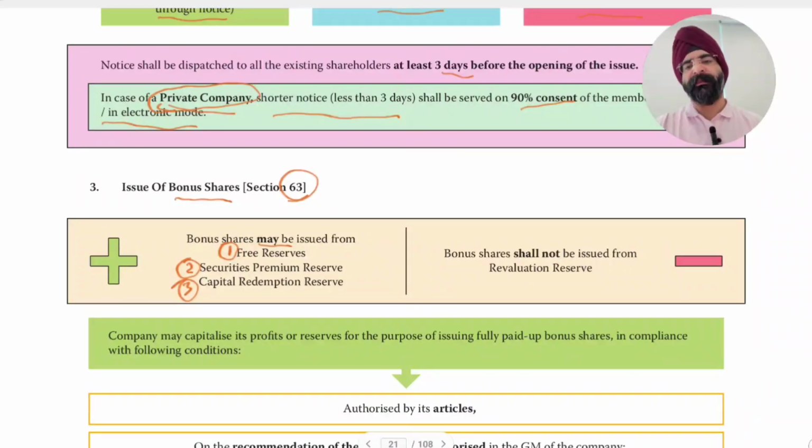Free reserves are widely available for many purposes, but securities premium can be utilized only for 2 or 3 purposes. Similarly, capital redemption reserve can also be utilized only for 1 or 2 purposes. So depending on our overall financial statement, we should figure out which reserves should be utilized first for the purpose of issue of bonus shares, in case we have all three sufficient.